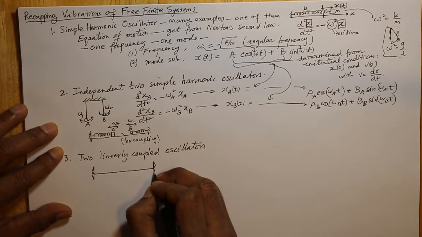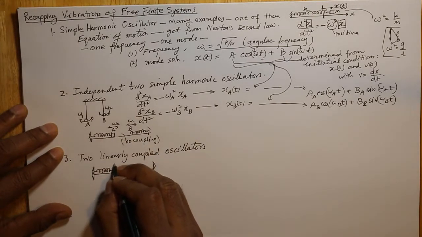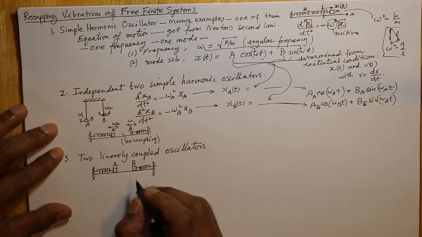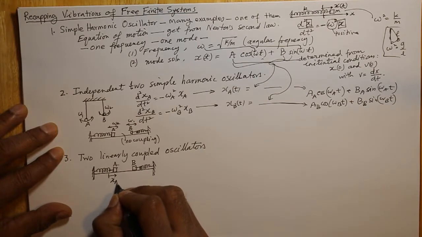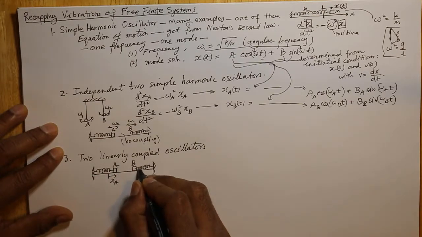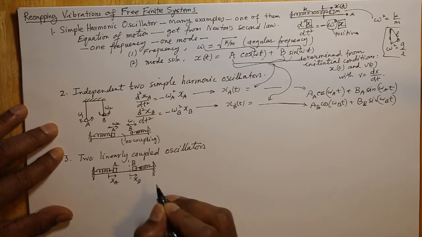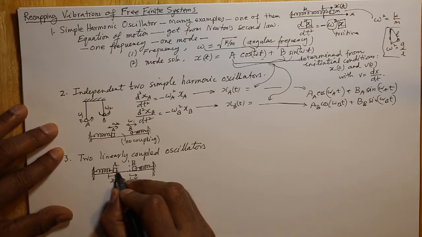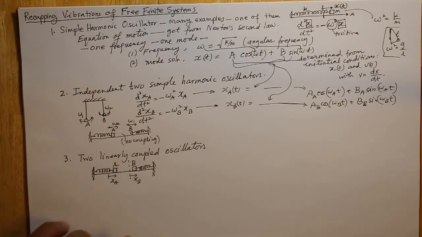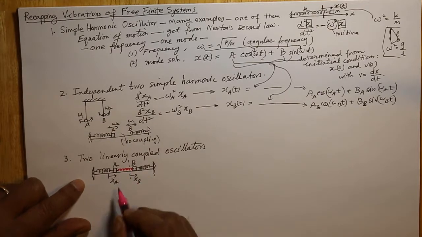So one of the examples was, if I have the same system as that, I have A here, B here, so this one is XA, and there's some equilibrium over here for B, this XB, and there's another spring that couples them. So now it's coupled.